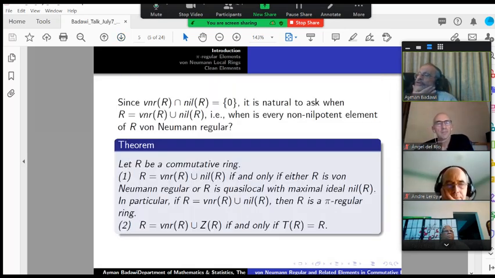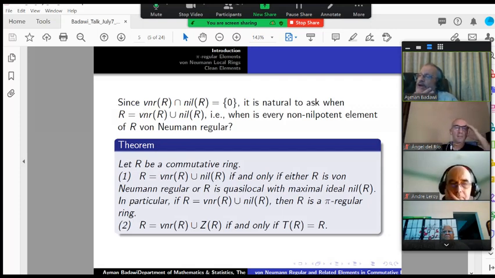Okay, so now we know the set, that's very clear: the set of all von Neumann regular elements intersected with the set of all nilpotent elements is 0. So it's natural to ask when R will be the set of von Neumann regular elements union the set of nilpotent elements.